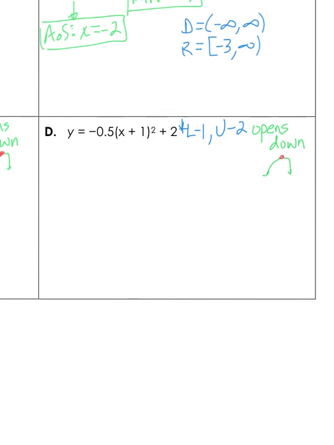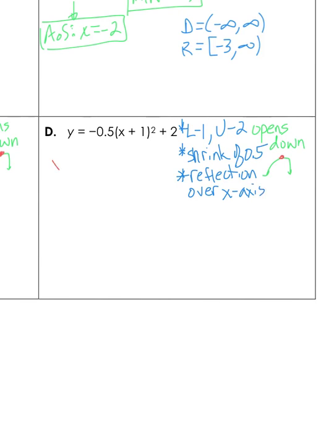Again, giving me a maximum value. Then, because 0.5 is between 0 and 1, I know I have a shrink. And because of the negative, I have a reflection over the x-axis.